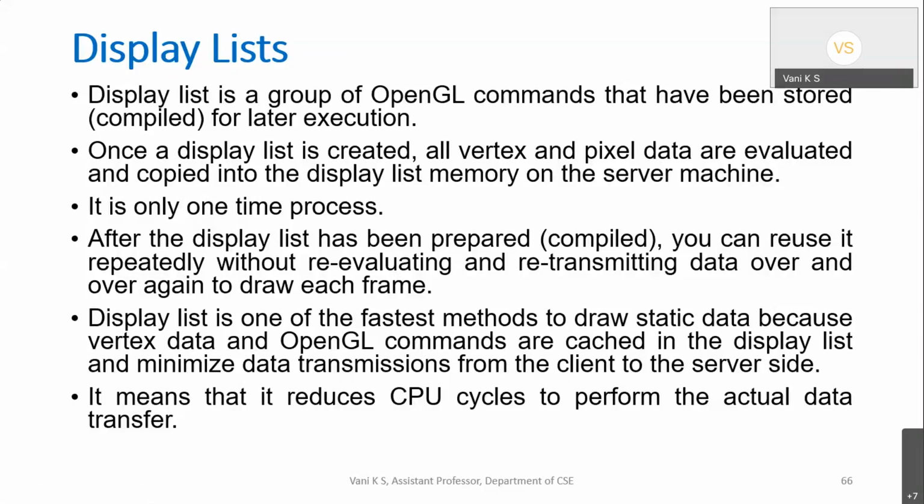So this comes into the picture when you have so many 3D objects repeatedly coming into your scene. That time I can make use of display lists, because instead of creating it every time and wasting time on computation and displaying, create it once, compile and store it in the memory.